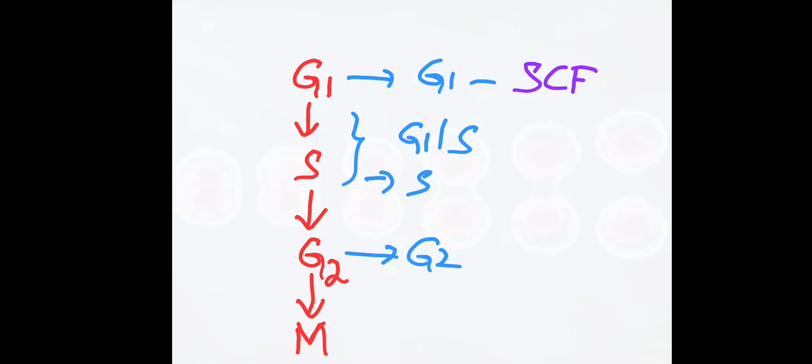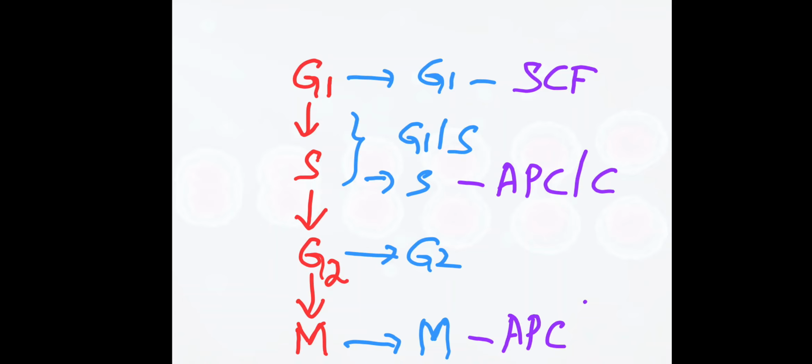And there is another E3 ubiquitin ligase, APC/C, which ubiquitinates S phase cyclins, and also M phase. Here also APC/C acts as a ubiquitin ligase which destroys the cyclins of M phase.